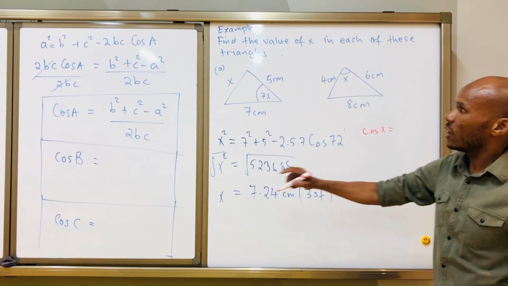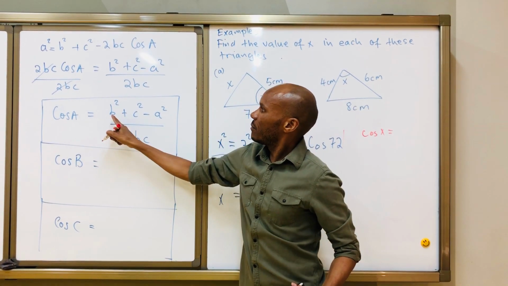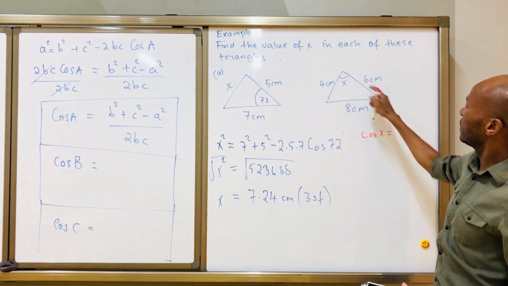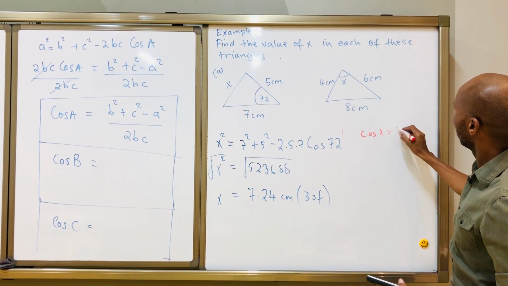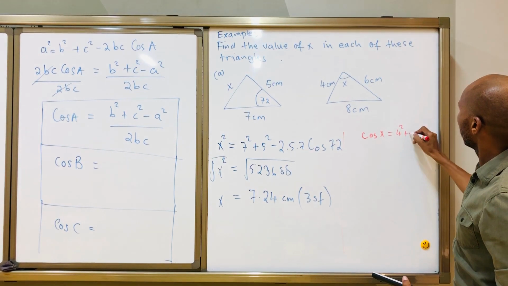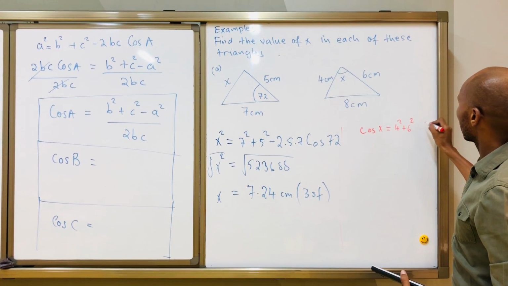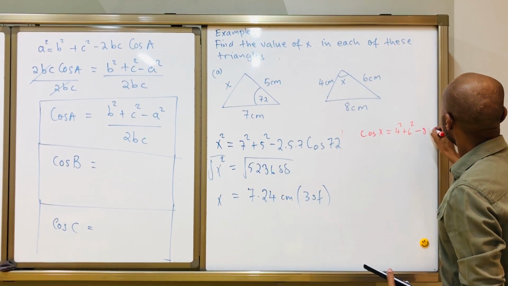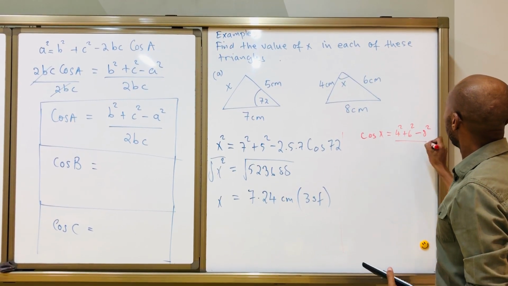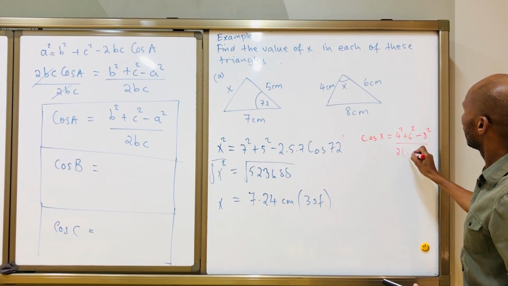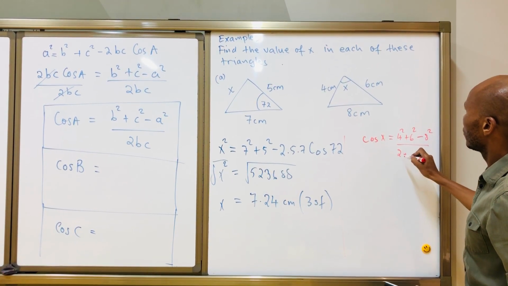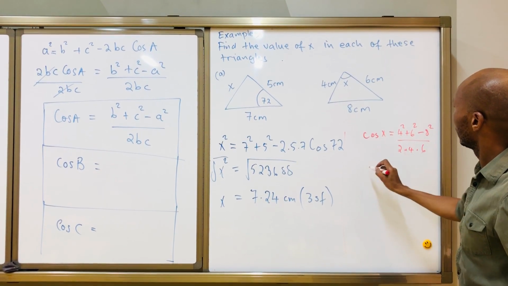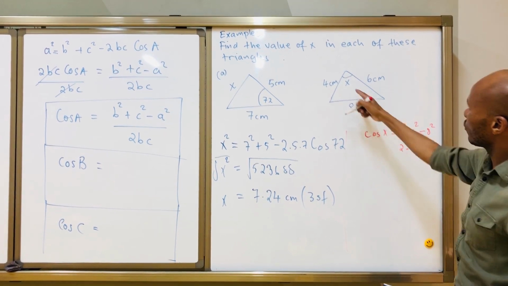Cos x, therefore, would be b squared plus c squared, which is 4 squared plus 6 squared, minus 8 squared, divided by 2 times 4 times 6. So when you have something like that, you are looking for the angle.